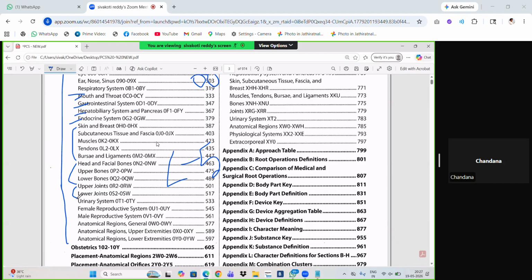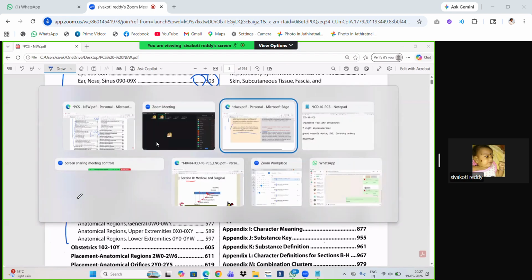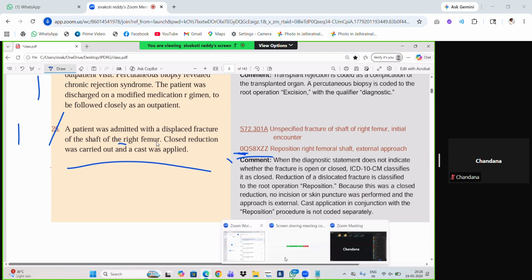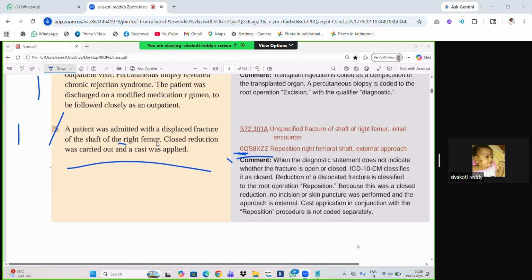Zero Q. Lower Q. So here also see in the answer 0Q it was starting, right? In the answer also you seen 0Q, right? Yes, sir. Clear? Like this we need to check. Any doubt?